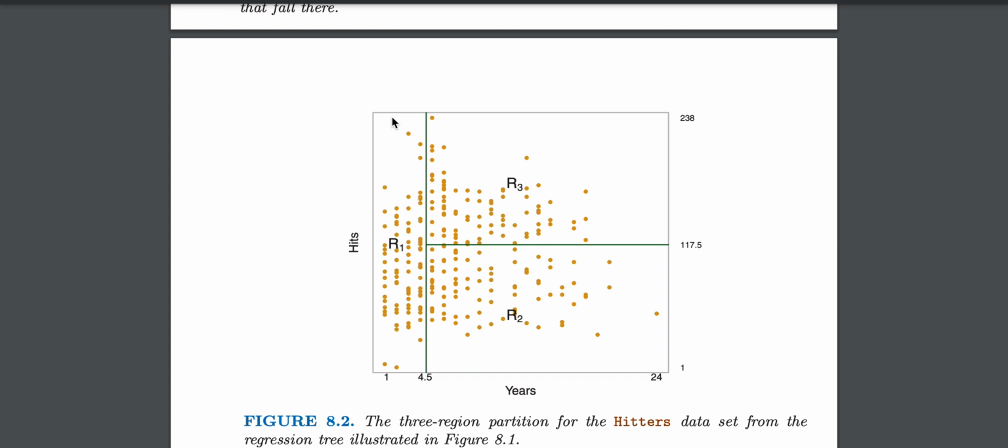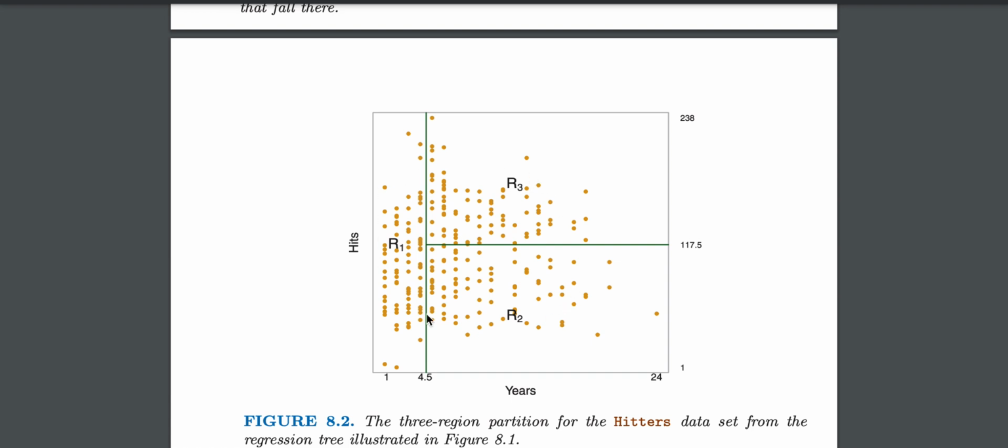And then players who have played for 5 or more years becomes region 3 and 2. But that region itself is also split into players who have less than 117 hits, which becomes this, or greater or equal than 117 hits.